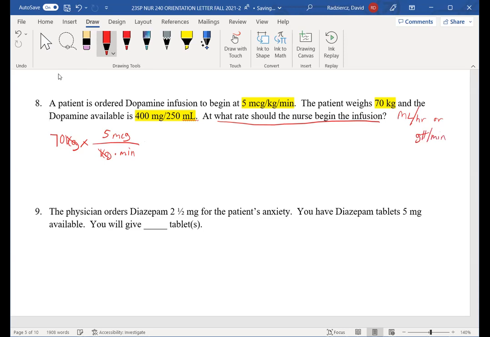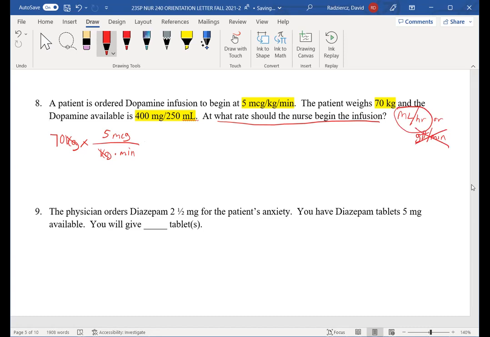If they wanted you to find drops per minute, they'll tell you something like microtubing, or give you a drop factor showing the drops per mL of the medication or the tubing. Since it doesn't give us any drop indications, we know we're dealing with flow rate, milliliters per hour.